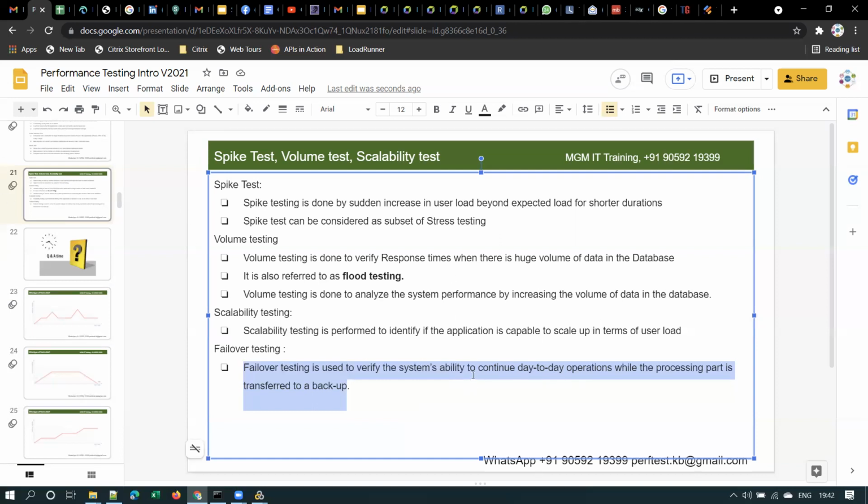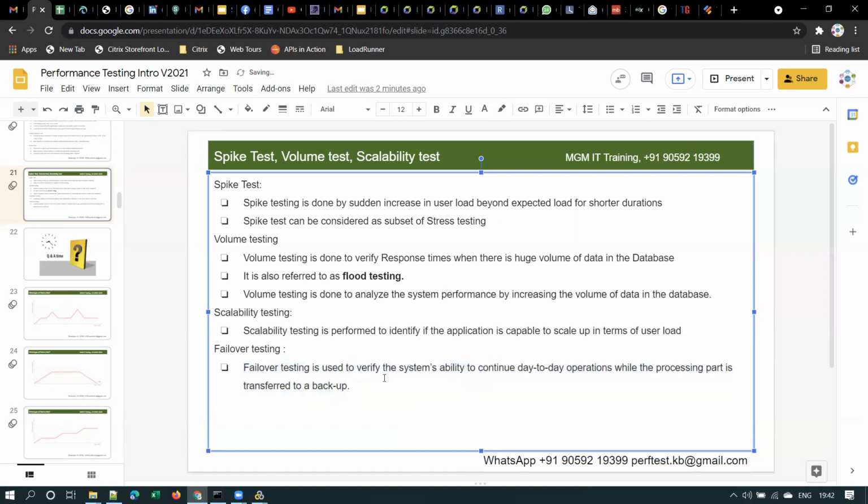So if Mumbai goes down because of terror attacks or natural calamities or whatever reason beyond human control, the backup environment will immediately take up that load. Whenever a user tries to access the application, that load goes to the backup environment, which will be smaller than the main environment.